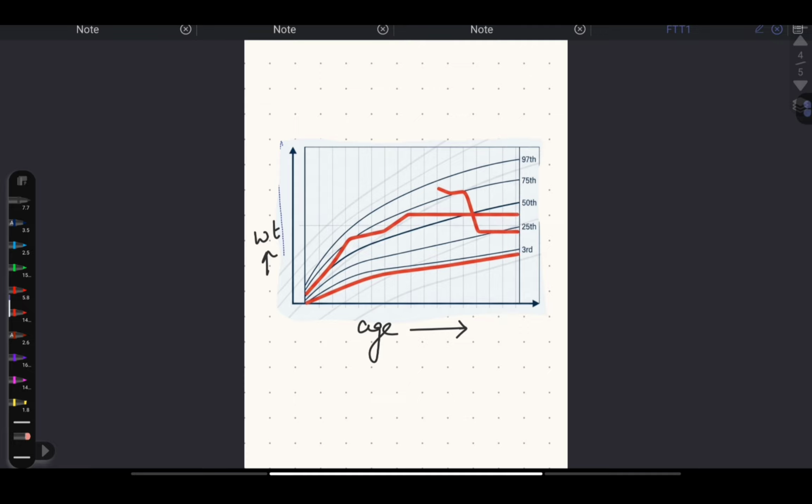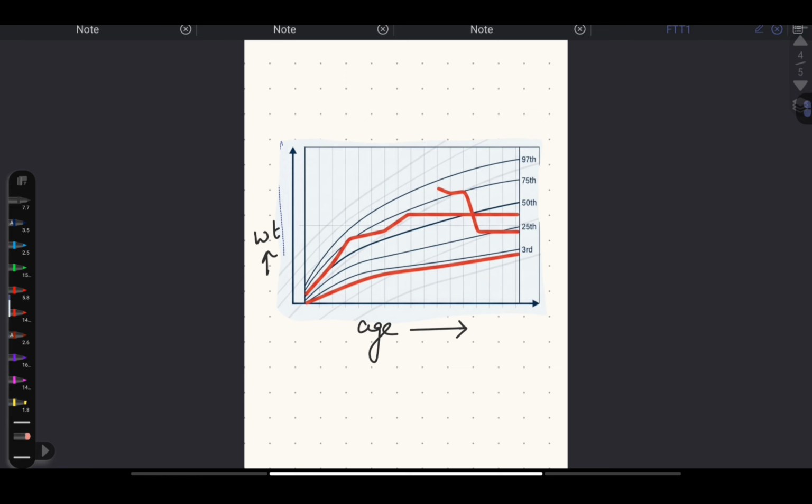The second characteristic was failure to gain weight over a period of time. In the second red line, which we can see here, initially the growth was above the 50th centile, but after a certain age it has plateaued. That is, there is no gain in weight over a period of time, and hence it fulfills the second characteristic of failure to thrive.